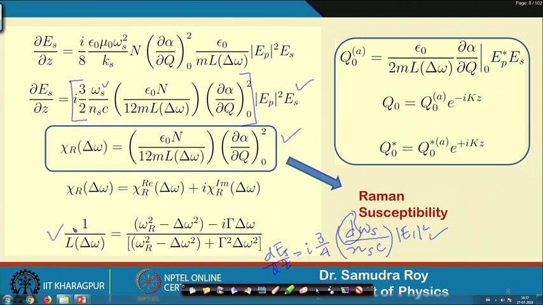So the term in the bracket is basically the Raman susceptibility. This Raman susceptibility is equivalent to the third order susceptibility or the second order susceptibility term, and you can see that it now depends on delta omega. Delta omega is a frequency dependent term. So omega p minus omega s is delta omega.